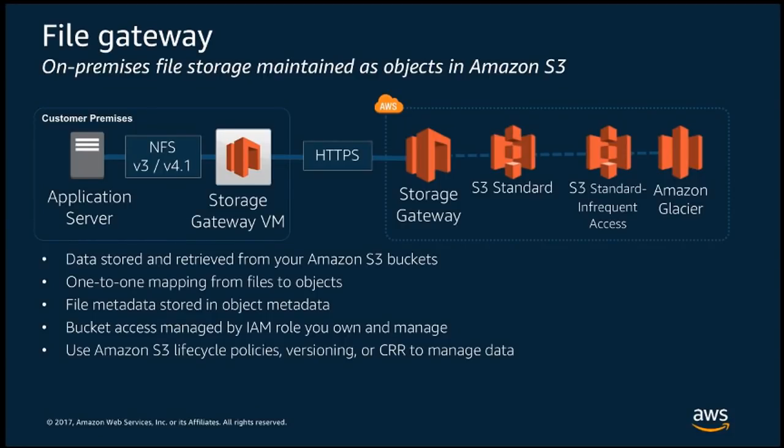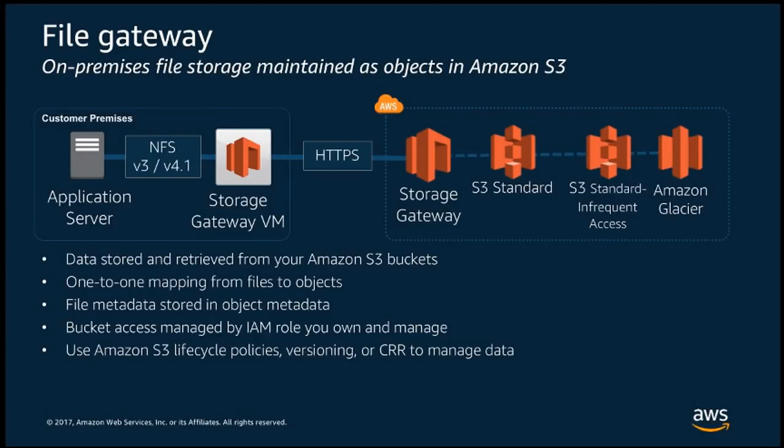That means your Linux and Unix workloads, and also your Windows workloads, whether Windows Enterprise Desktop or Windows Server, have an NFS version 3 client built in that you can use to mount the storage gateway virtual machine. And then we have an HTTPS connection, an encrypted connection back into the storage gateway infrastructure, and that connects to S3 infrequent access, as well as Glacier through lifecycle policies.